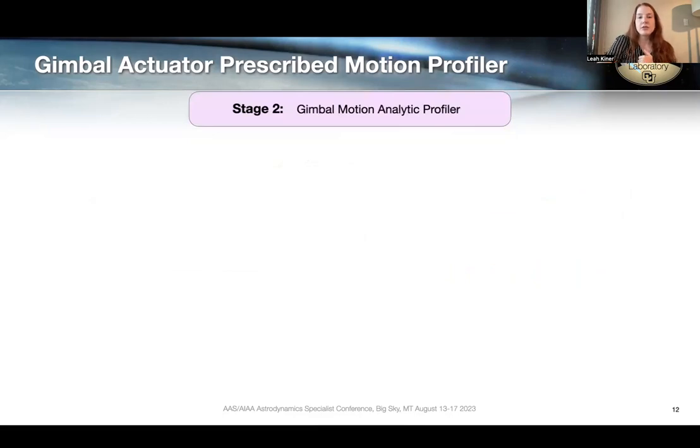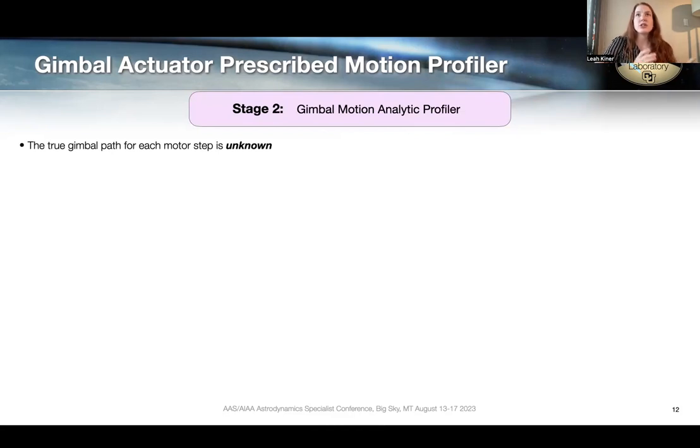So now that we have a way to obtain the scalar states of our stepper motors for any number of steps, we then can discuss developing the analytical profile of the gimbal's motion. So first, it's important to note that the true gimbal path for each motor step is really unknown.